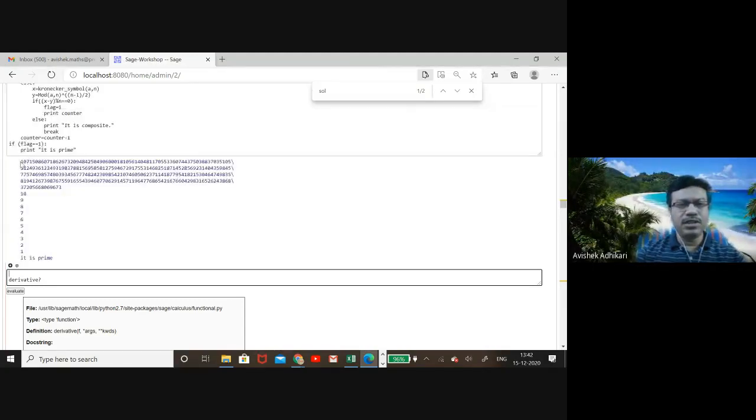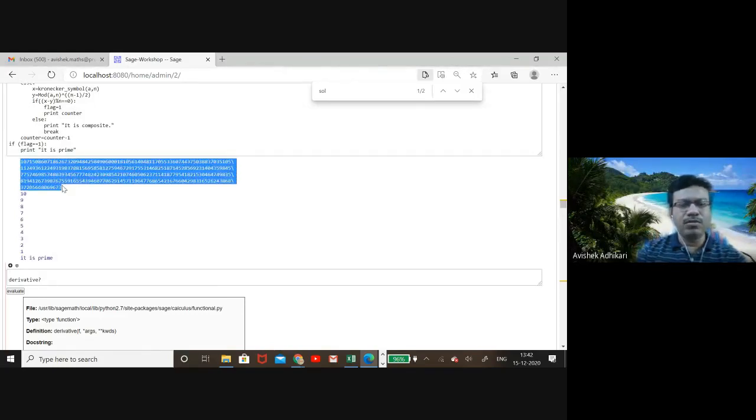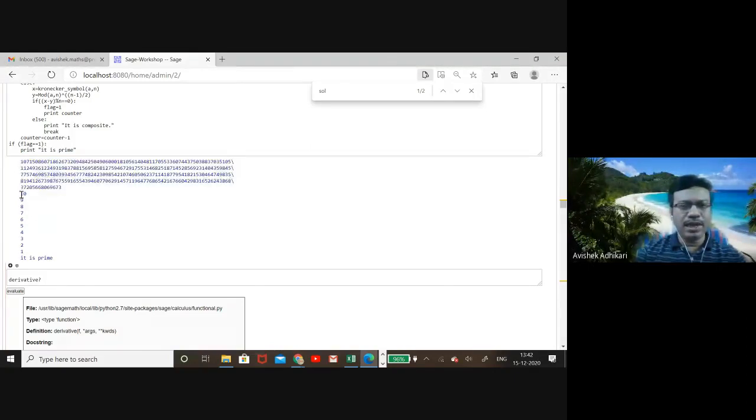So this is my prime number. Now you can see how big it is. It will have around 300 digits, and all the 10 times it gives you the answer no. At the end of these 10 steps, it gives me the answer that the number is prime.